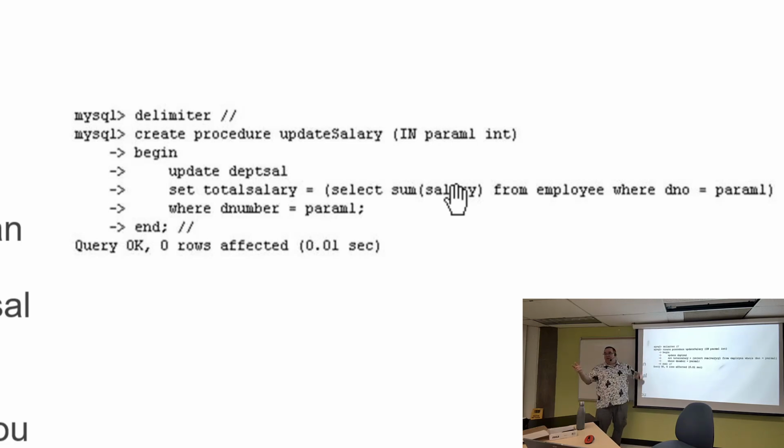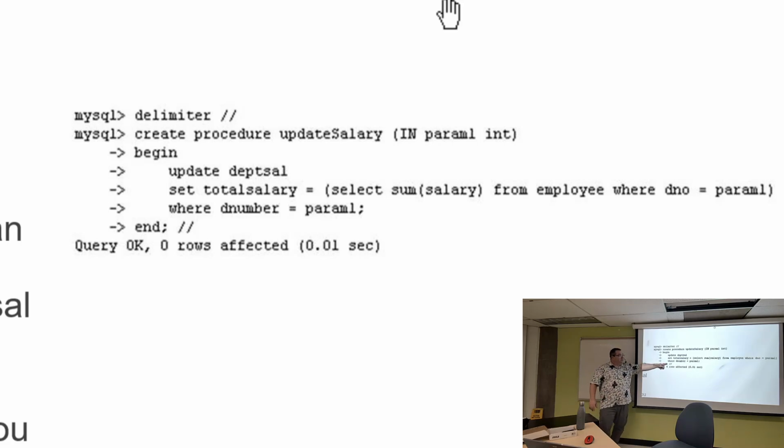Begin. It's not a begin transaction. This is a code begin, like a block. Update department salary, set the total salary to, there's the subquery, where the department number is parameter 1. So this would just grab a subtotal of the salaries for that department and update the appropriate row in department salaries.